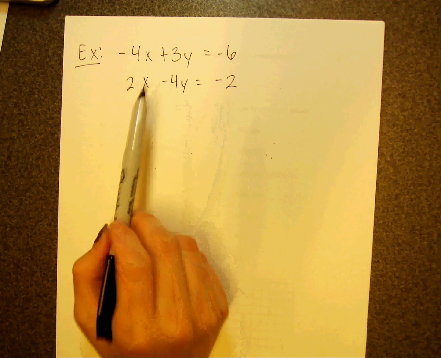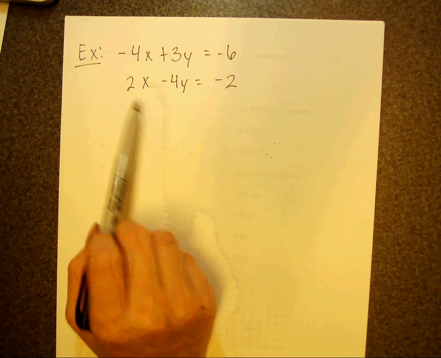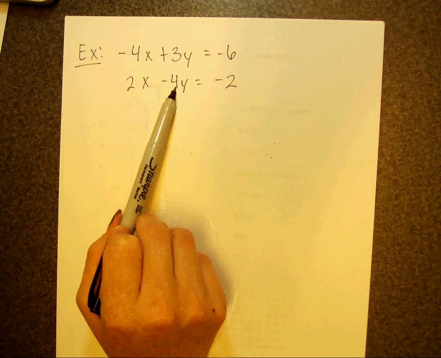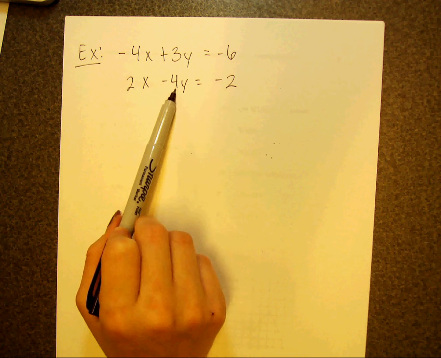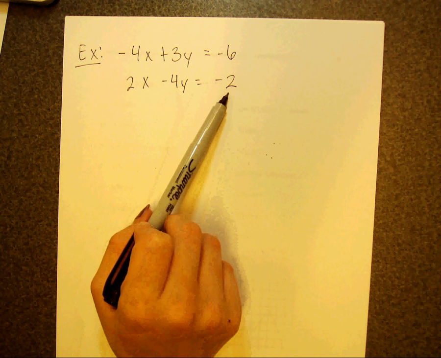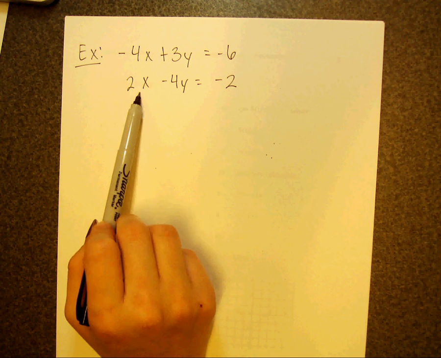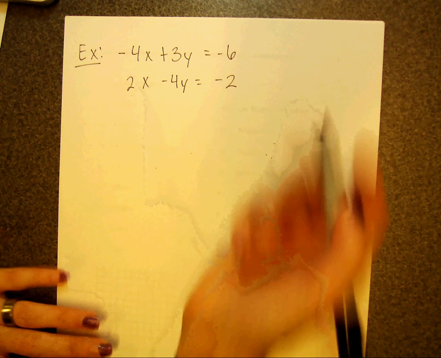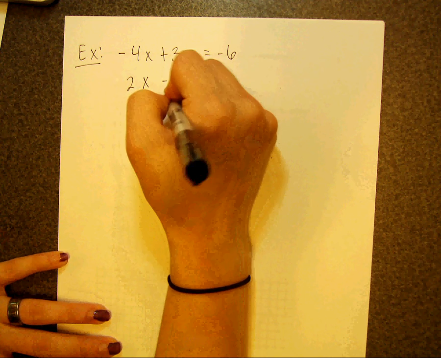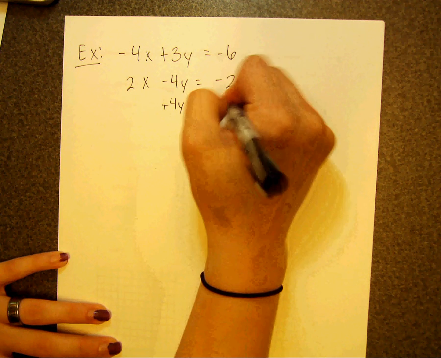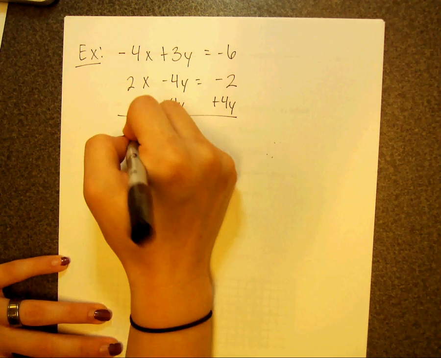So let's come down to the second equation. If I solve for x, I'll be dividing by 2. Negative 4 is definitely divisible by 2, and so is negative 2. So solving for x seems like the easiest thing to do. I'm going to solve the second equation for x, get x all by itself. So I need to add 4y to both sides.